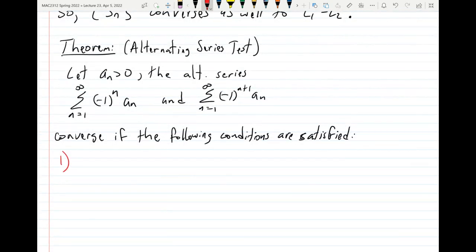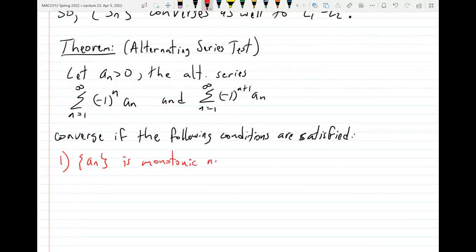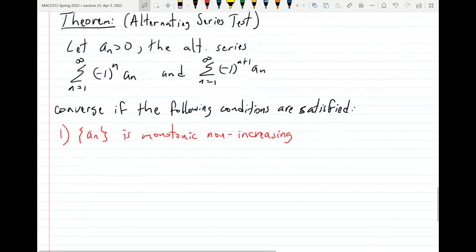Number one, the sequence a_n is monotonic, non-increasing. Exactly, the terms get smaller. Hopefully you see that this property was heavily used in our discussion, to guarantee those parentheses to be positive.